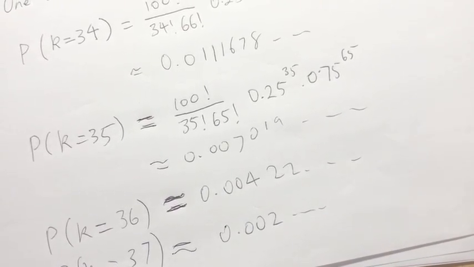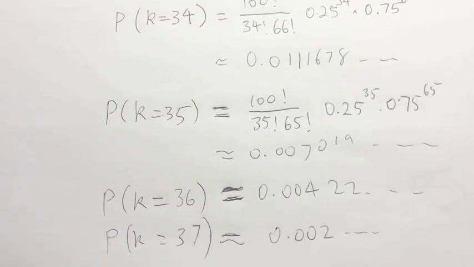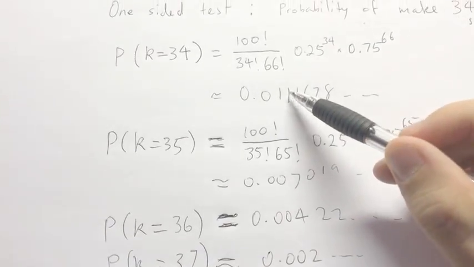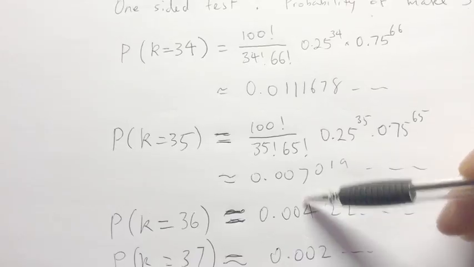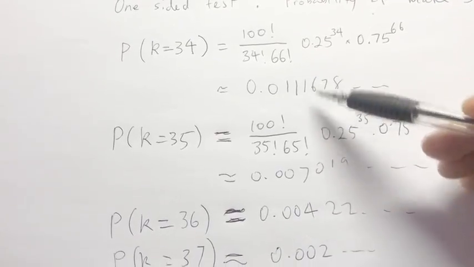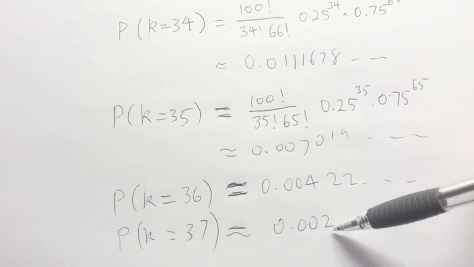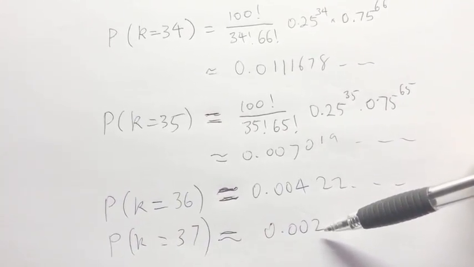So, still not enough, but it is enough in the sense that these two added together give you roughly 1% something. So these two added together is 2% something, and 10 times this gives you 2% something.